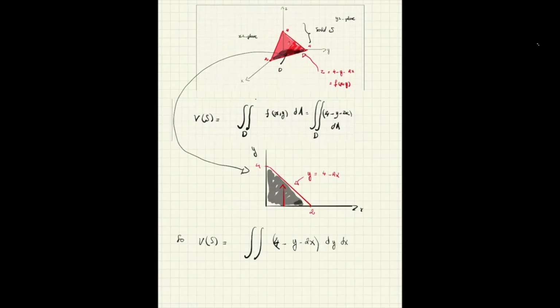Now, when you fix x, y is between 0 and 4 minus 2x, and then x is between 0 and 2. So that's the volume. Okay. Now we compute.